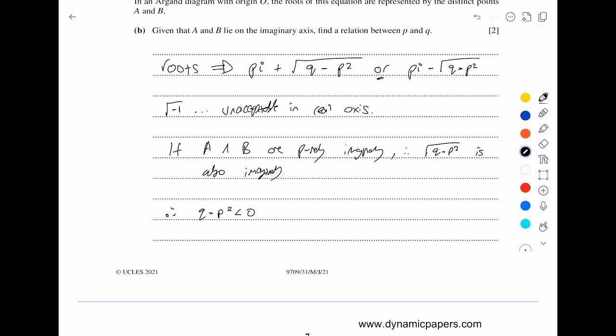So when does this happen? This happens when q minus p squared is less than 0, because then we get a square root of a negative, which is obviously imaginary. And so therefore, for this to be true, q minus p squared must be less than 0, so our relationship between q and p can be defined as q being less than p squared.